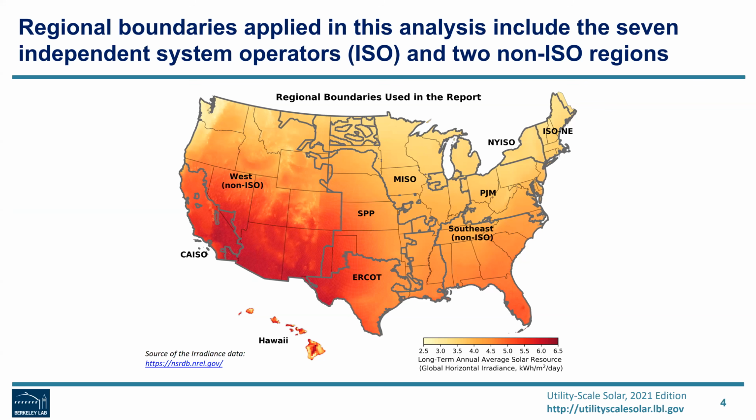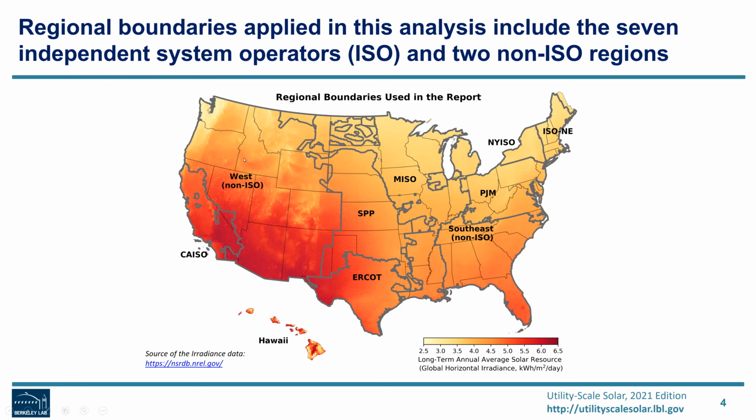Before I hand it off to Yo, I just wanted to quickly define the regions that we're looking at whenever you see a slide that has regional analysis on it. In a nutshell, we conform to the footprints of these 7 different independent system operators, or ISOs, that operate wholesale markets throughout the US. And then we have 2 additional regions where ISOs don't exist.